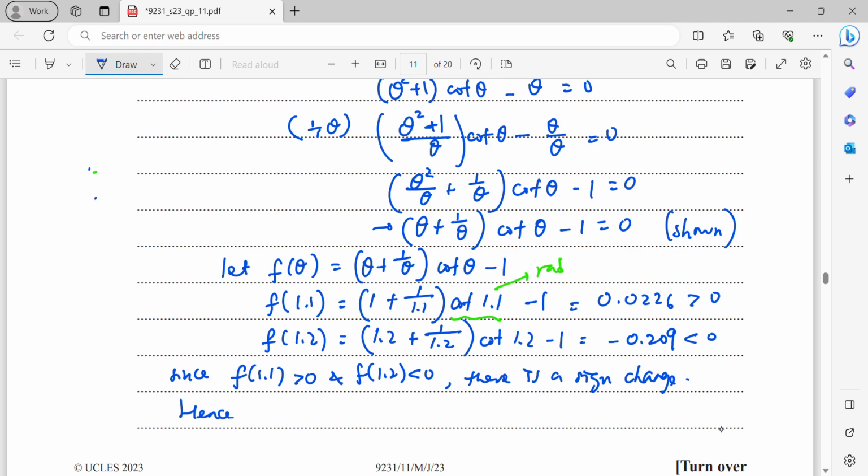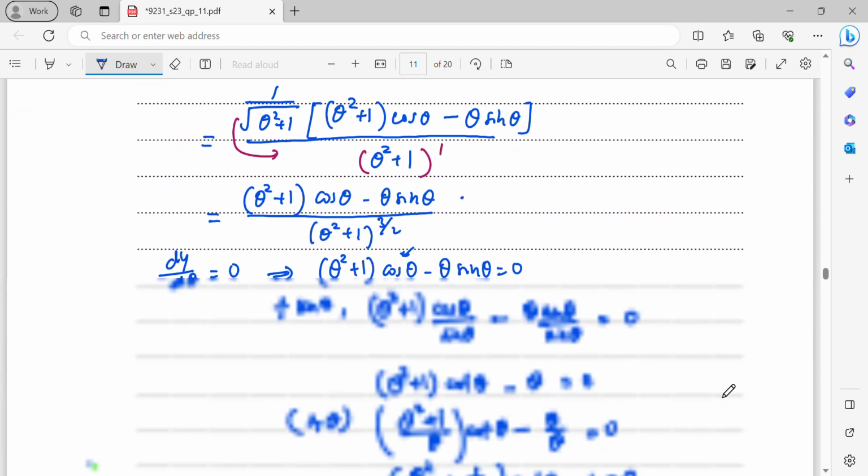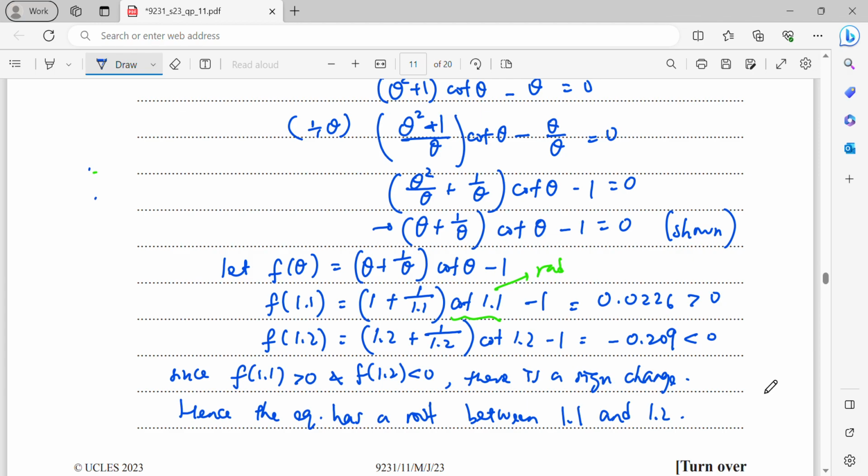Hence, there is a root. The equation has a root between 1.1 and 1.2. So this is the sign change rule.